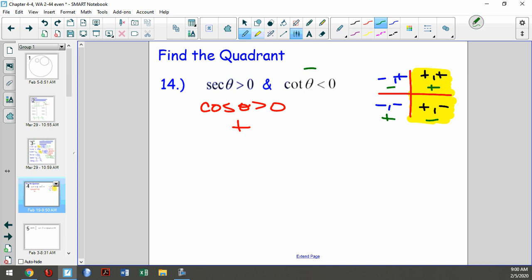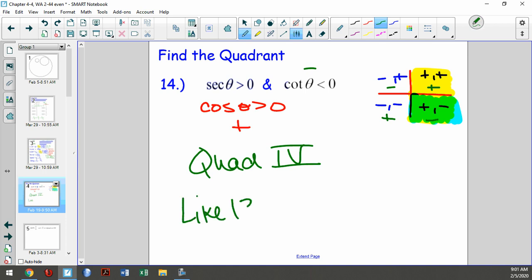Quadrant 4 is going to be negative. So therefore, I am in which quadrant? I'm in quadrant 4. Quadrant 4 is the only quadrant that will satisfy those 2 criteria. Do we all understand that? That is how you're going to do problems 13 through 16. Do we all understand that, yes or no?